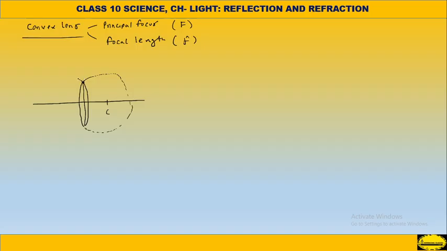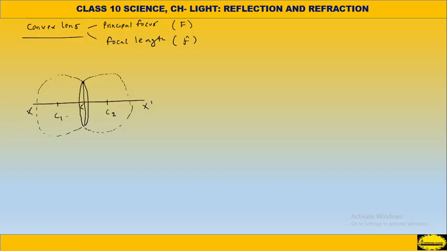This side also, I can locate the center of curvature. Let them be C1 and C2. Here is the optical center. X and X dash is the principal axis.